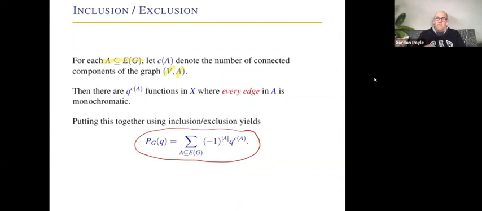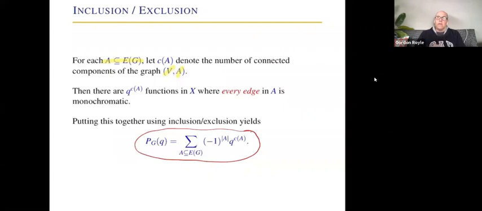Well, if every edge in A is monochromatic, then as soon as I have chosen a color for one particular vertex, every other vertex in the same connected component is going to have to be assigned the same color. So that means essentially that I have C(A) choices to make.